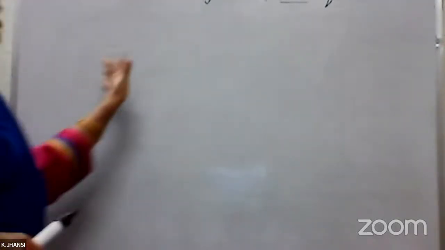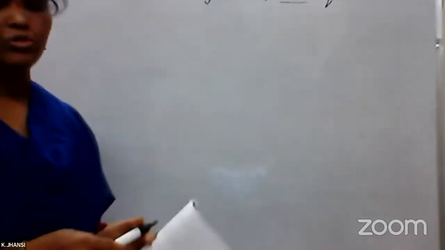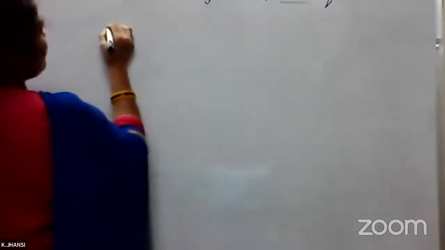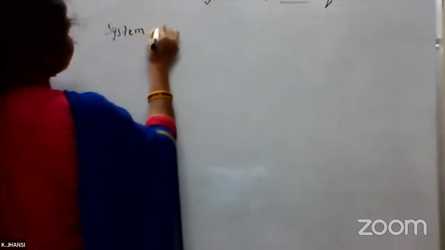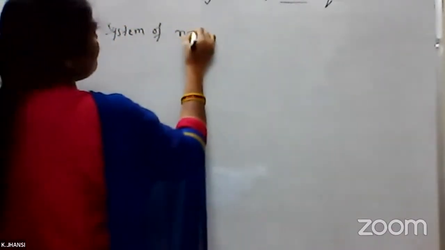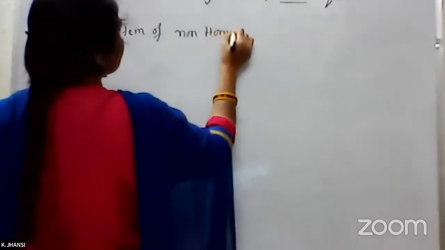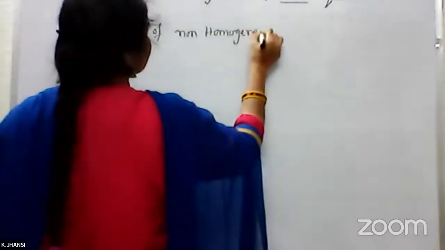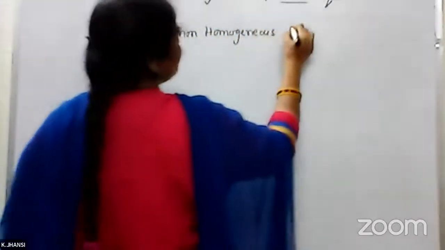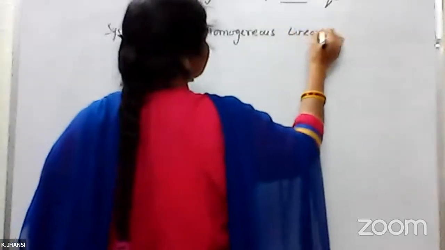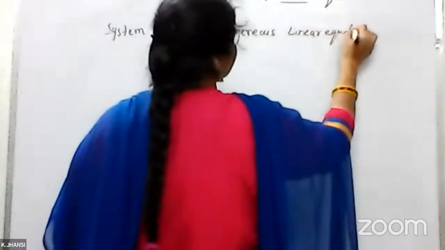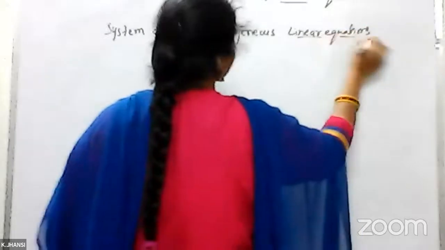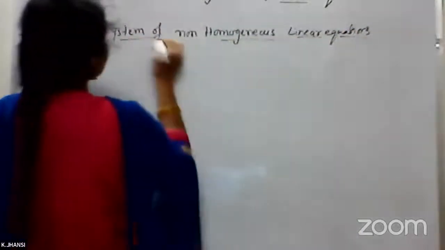Next, this is the procedure of finding the solution of a linear homogeneous system. Next we have the system of non-homogeneous linear equations.